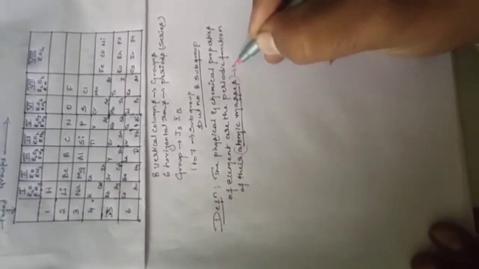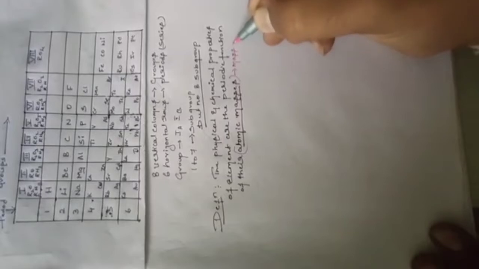The definition is telling that the physical and chemical properties of the 63 elements are a periodic function of their atomic masses. If we ask what this atomic mass is, atomic mass is nothing but the mass of one element.